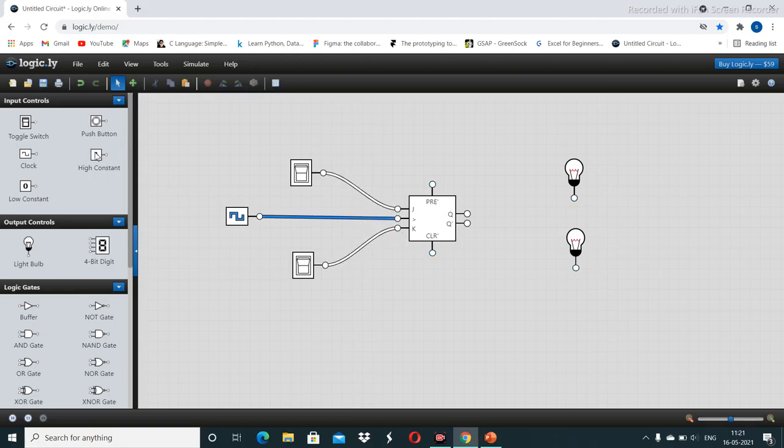Now we need a high constant here and connect it with the following. Now we need a push button here with a NOT gate. Connect the push button with the NOT gate and directly connect it with the CLR.